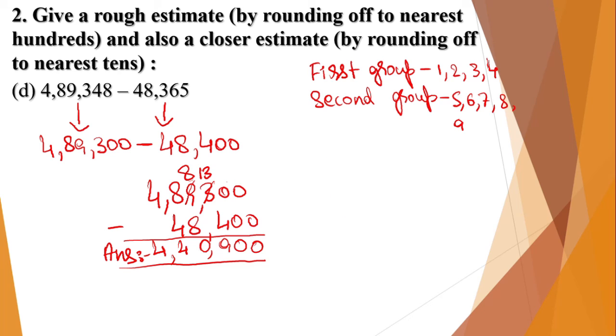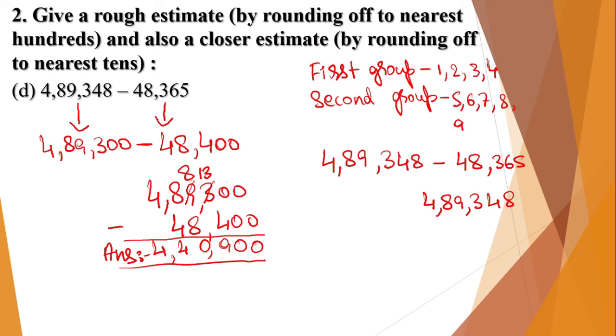So now we should estimate to the nearest tens also. So the question which we have is 4,89,348 minus 48,365. Now the first number which we have is 4,89,348. Now here we should circle 4 because it's in tens place, and we should circle 8 because it's next to 4. And we should check the second circle digit, which is 8. So 8 is in the second group.